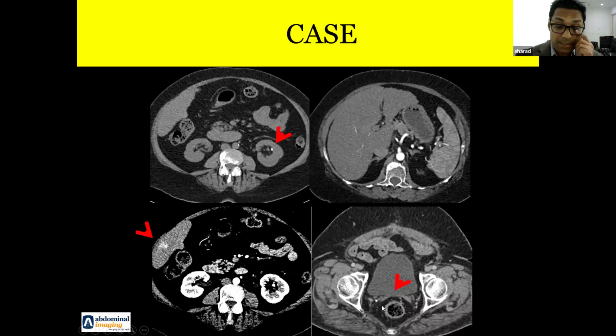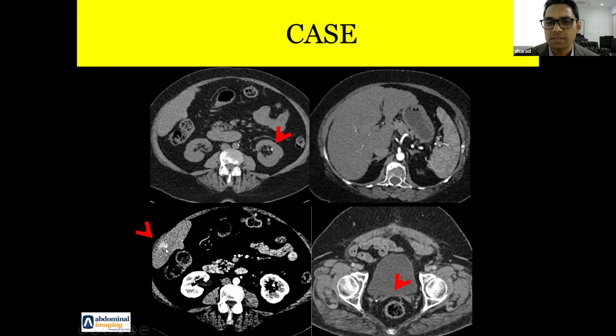And on probing further, we found that she had a hysterectomy for endometrial CA. So what we have here is a diabetic obese lady who had hysterectomy for endometrial CA. She has a liver cirrhosis due to fat.